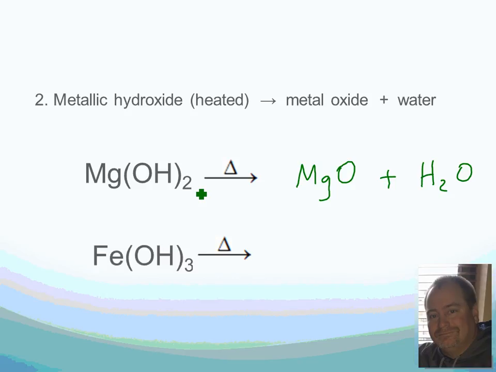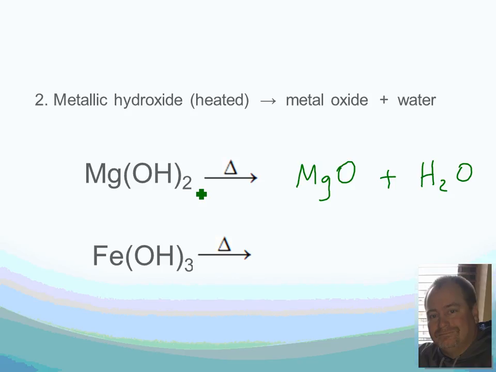Fe(OH)3. Once again, I look at this and I see that I have iron. What iron do I have? I have iron 3. So what is my metal oxide that I'm going to form?